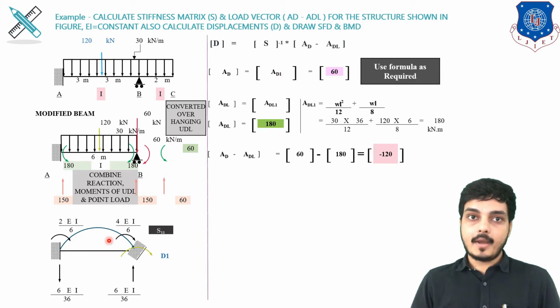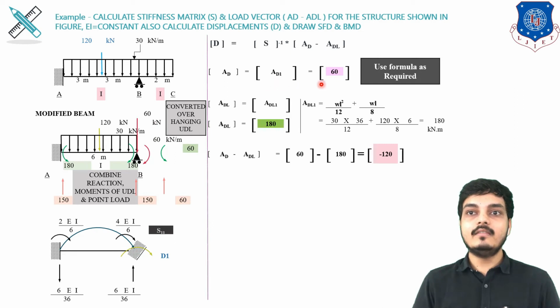My unknown is moment, so we will only consider moment. So here for AD1 I have applied 60, since this clockwise moment is given as 60. So I applied this 60 over here. Until now we kept 0 because no extra moment was given in the beam. But as we have modified it and a moment has come, we have to put it.